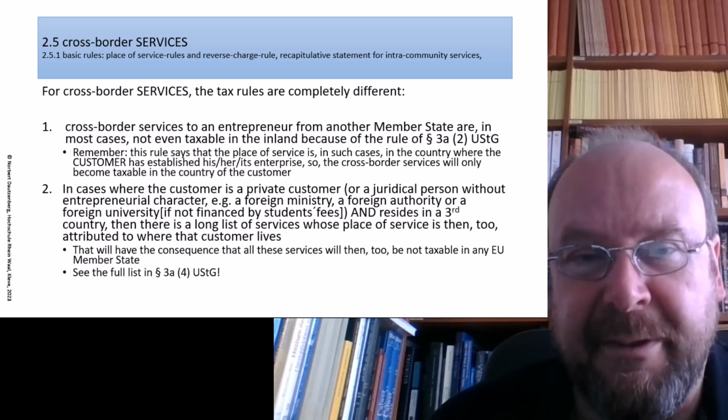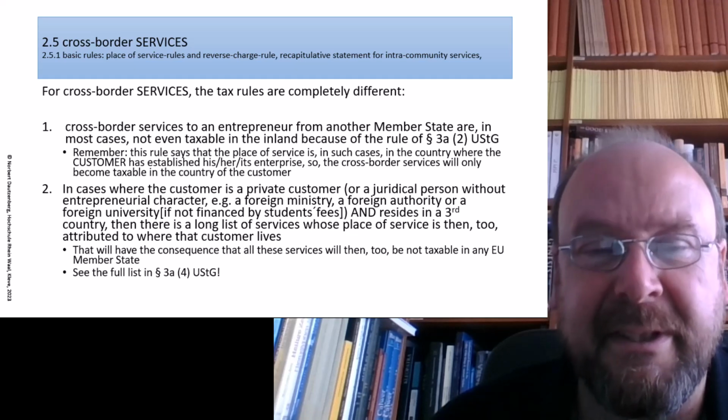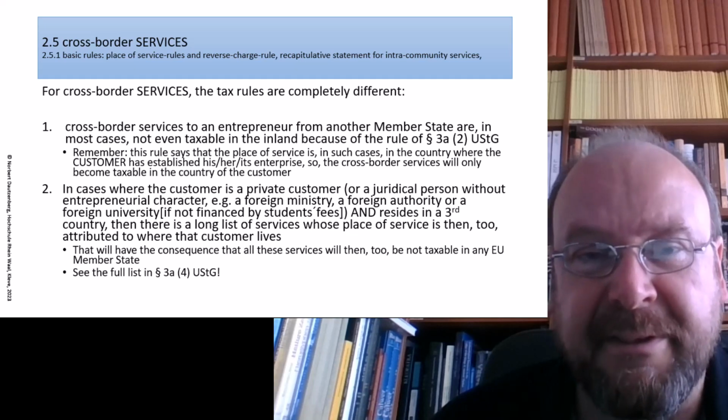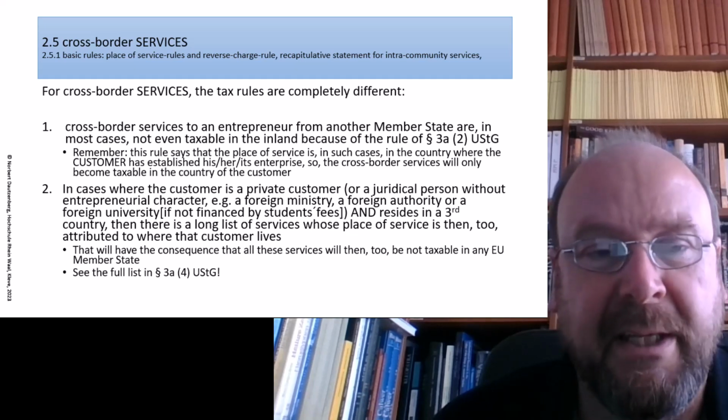Also, that will have the consequence that such a service is then taxable in the country of the customer, at least from our perspective, so that there will be no taxability throughout the whole EU.